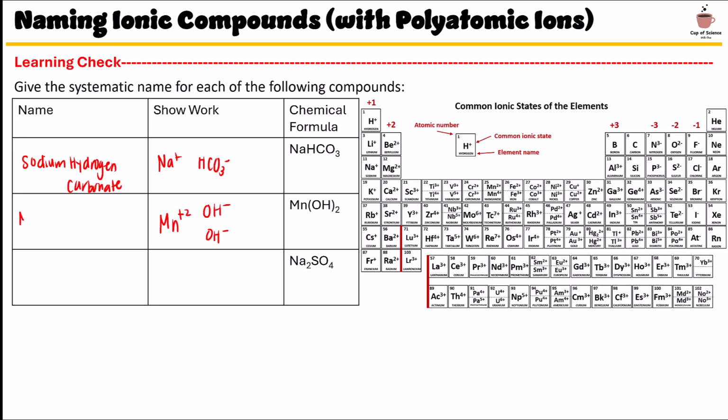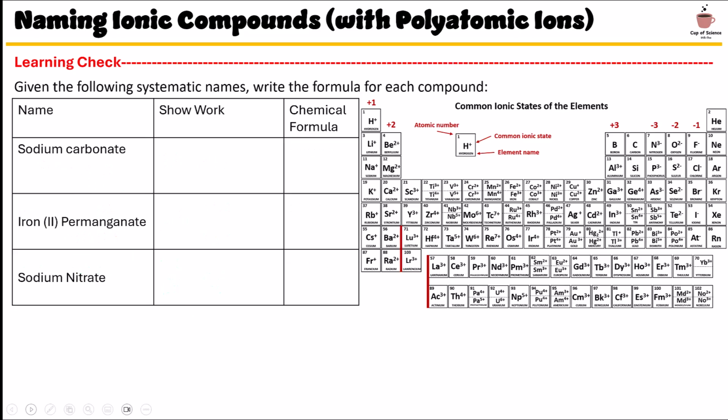So we write manganese, Roman numeral 2, and then we would write hydroxide. Now you try for the next one and come back and check the key. And here is the key. Let's try the next one.